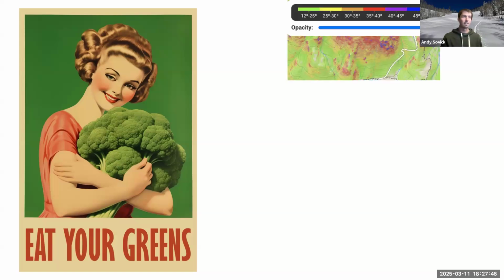Yes, we should eat our greens. But taking the analogy over to the avalanche layers, let's add more green to our day, depending on what the problem is. No matter what the problem, we can probably find some green to put in there. So slope angle shading, we talked about earlier. Something cool that we did on X this year is we added this 12 to 25 degree slope, whereas in the past, there was no color for that slope angle.